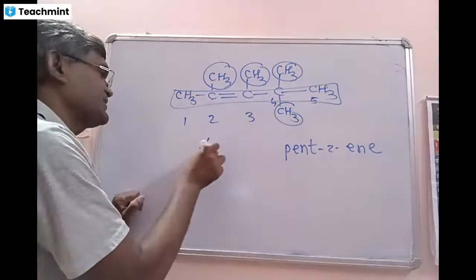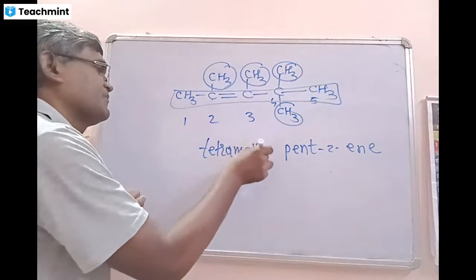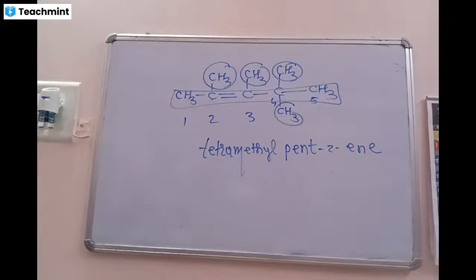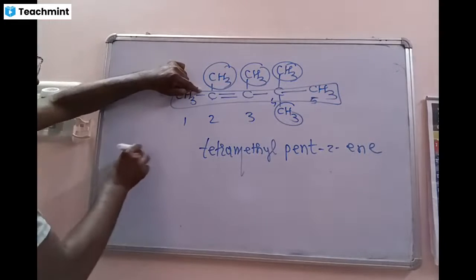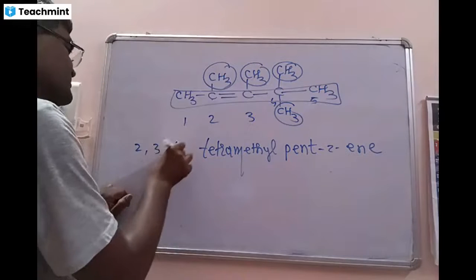So I have to write tetramethyl. One of them is on carbon number 2, the next one is on 3 and the remaining 2 are on 4.